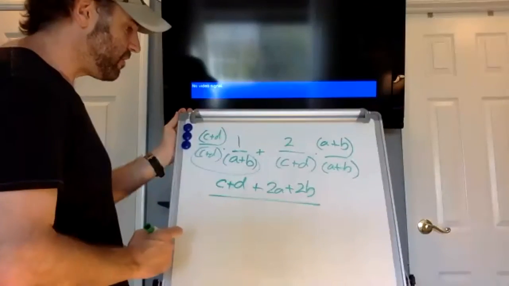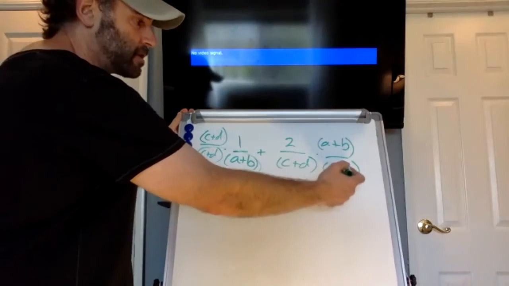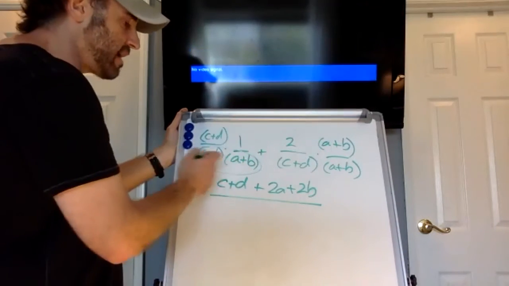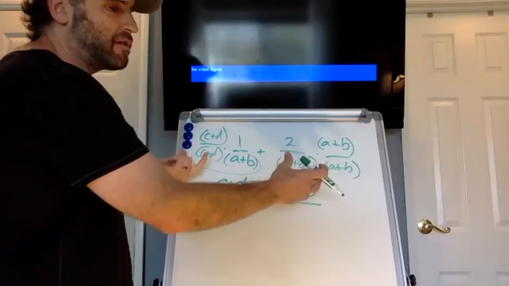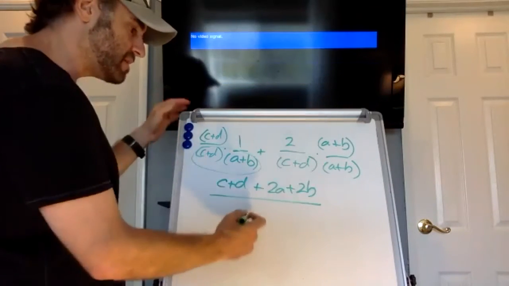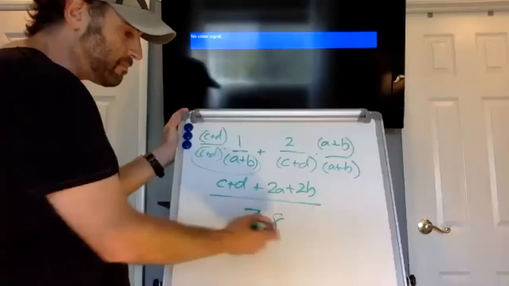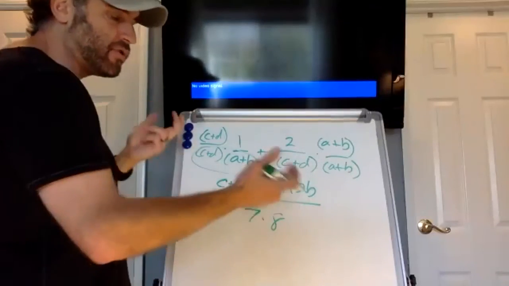You can leave it in that form: a plus b times c plus d, and this is a plus b times c plus d. Oh. It's like 7 times 8 and 8 times 7. They're both 56 if you multiply them out. But that would be the same as me leaving it like that. What if I didn't multiply them? It's still 7 times 8 and 7 times 8. It's still the same denominator.